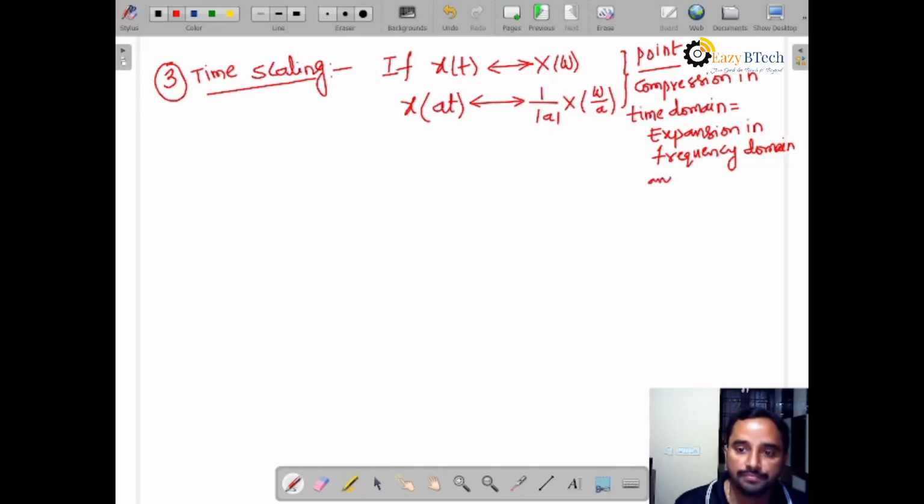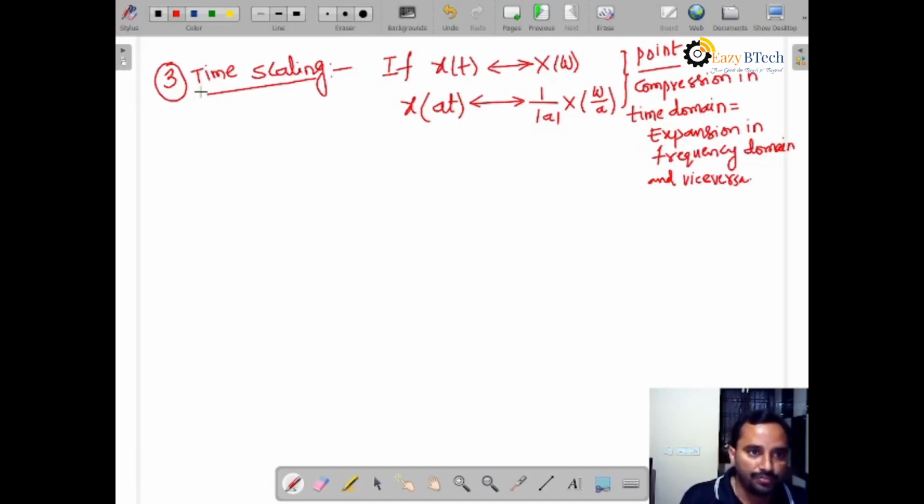Vice versa means if the signal is compressed in the frequency domain, the signal is expanded in the time domain. Okay, so this is the point here. That information is there in this property.